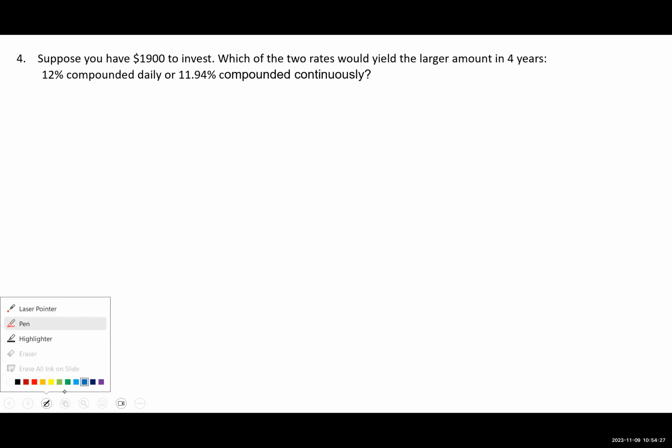So one application of exponential functions is interest. Anytime you borrow money, there's a fee. And that fee is given in terms of a percentage usually. It's called interest.